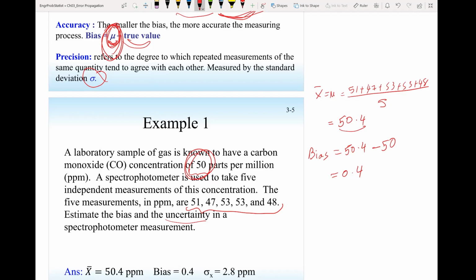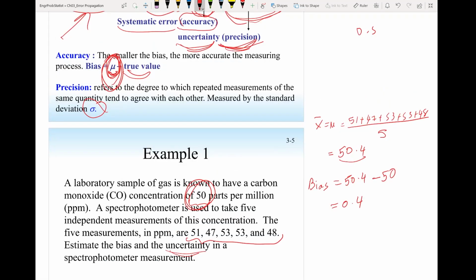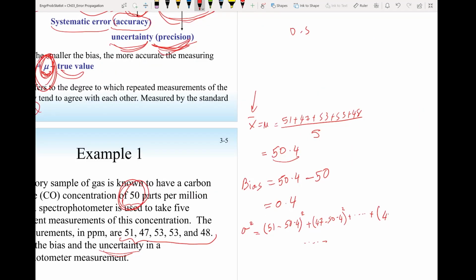Now to calculate the uncertainty, or what we call the precision, we should find the variance. So the variance equals the sum of the squared differences between each measurement and x bar, the mean. So that will be 51 minus 50.4 squared plus 47 minus 50.4 squared, plus all the way to 48 minus 50.4 squared, divided by n minus 1.